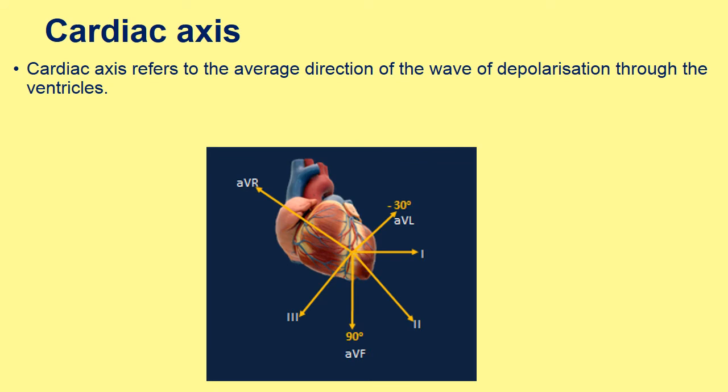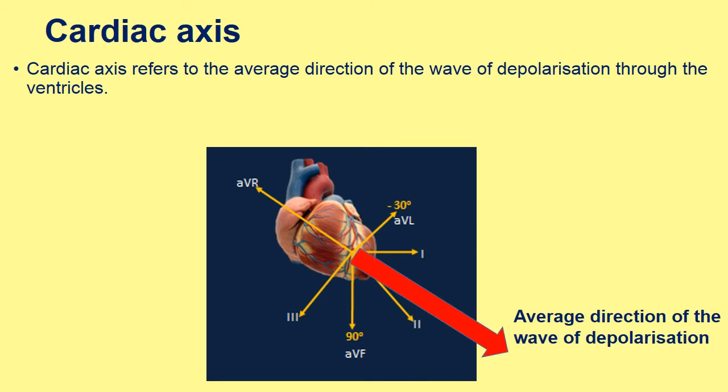Cardiac axis. The cardiac axis refers to the average direction of the wave of depolarization through the ventricles. So this red arrow in this diagram represents the wave of depolarization. The wave of depolarization is more in the direction of the left ventricle because the left ventricle is bigger than the right ventricle, and the reason for this difference in size is because the left ventricle has to pump blood around the whole body, while the right ventricle just pumps blood to the lungs, so it doesn't need to be as big.